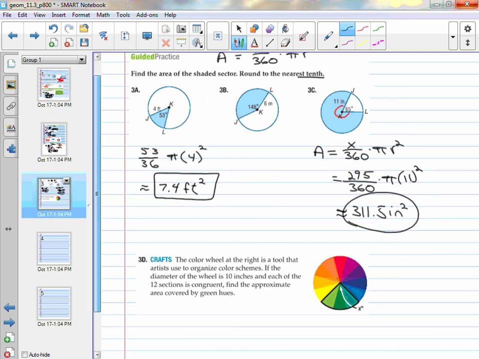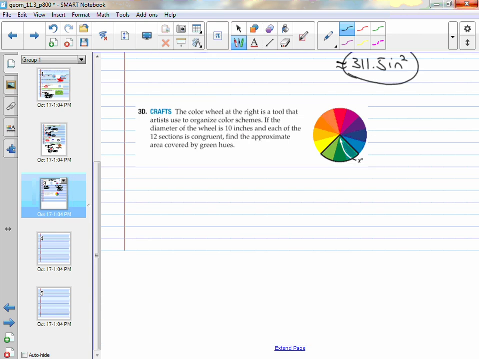Hopefully pretty easy. Come down here. Color wheel is a tool that artists use to organize color schemes. If the diameter of the wheel happens to be 10 inches, each of the 12 sectors are congruent. Find the approximate area covered by the green hues. Something out of 360. Look at the picture.